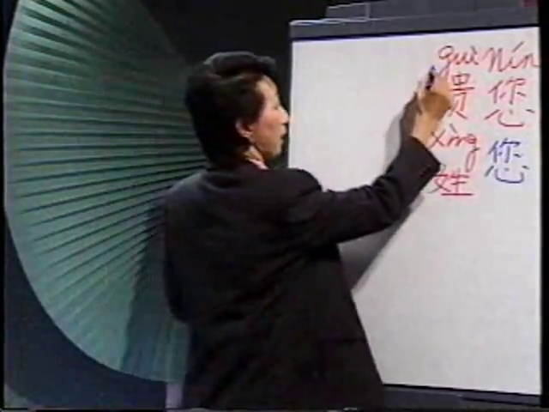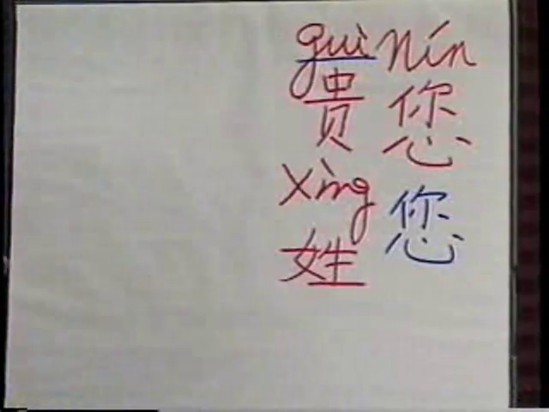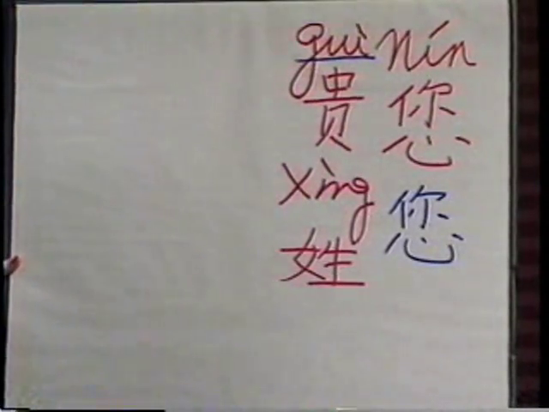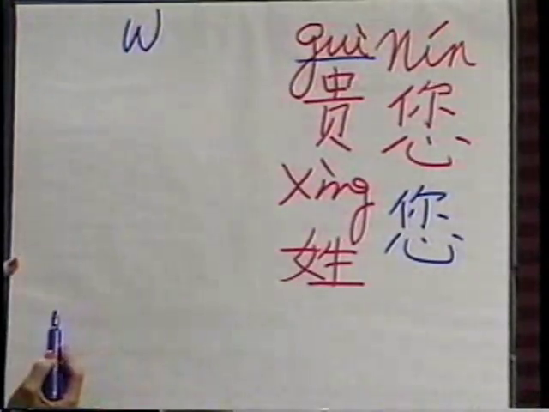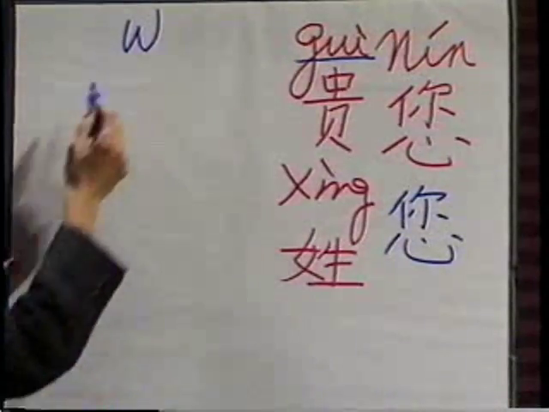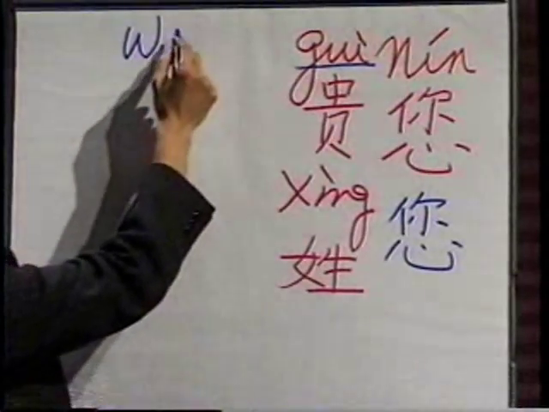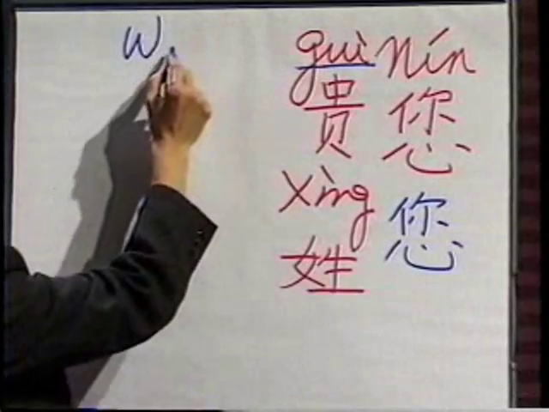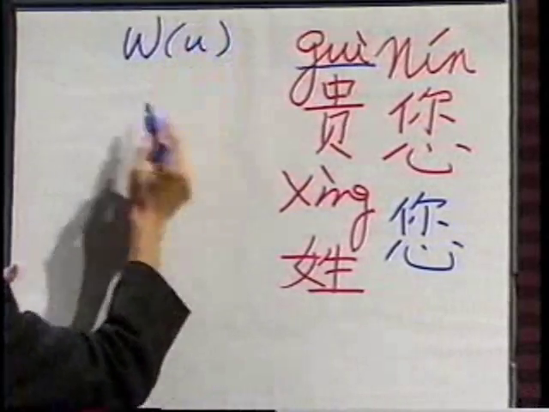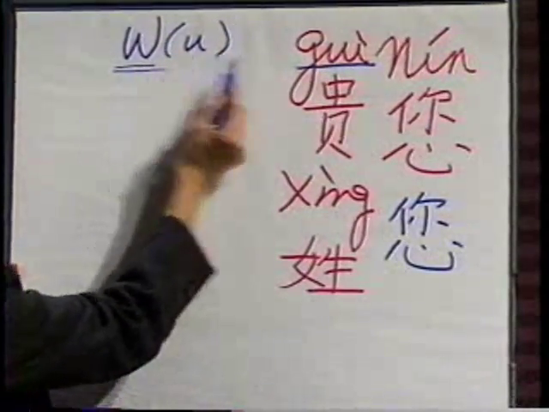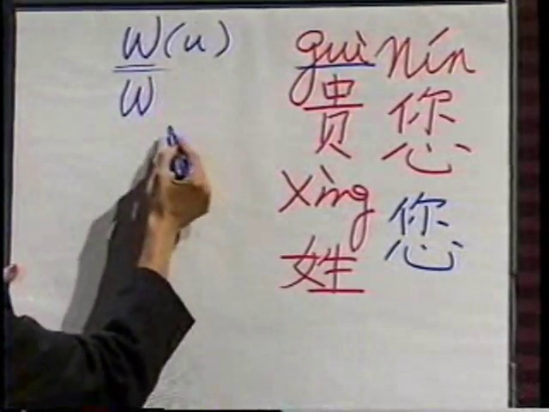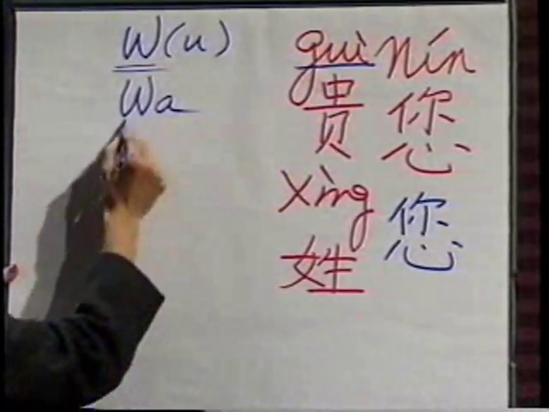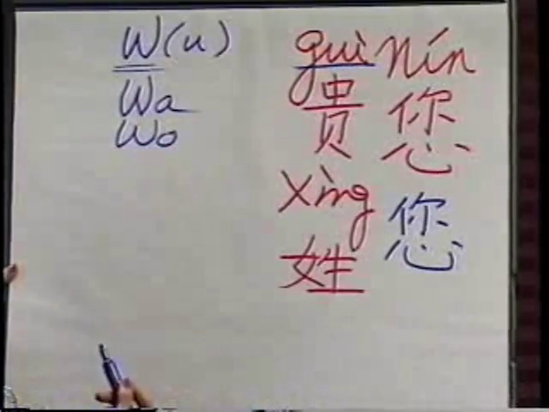Now let's look at this part first. 各位, when we pronounce 位, in the Hanyu pinyin system, supposed to write like this. And if we want to write the u as a beginning of the sound, we have to write a w: wa, wo, whatever.